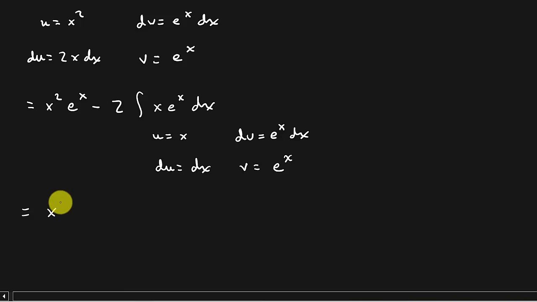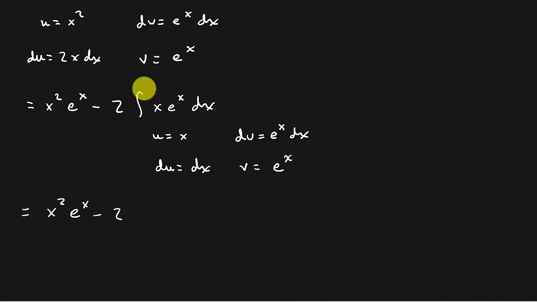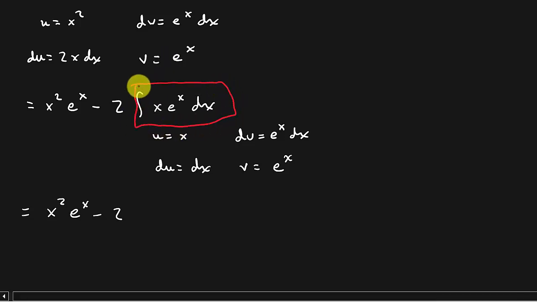And so this is going to be x squared e to the x minus 2 times this integral here. So I'm going to need to put that in parentheses. So that's u times v, so x times e to the x minus the integral of v du.